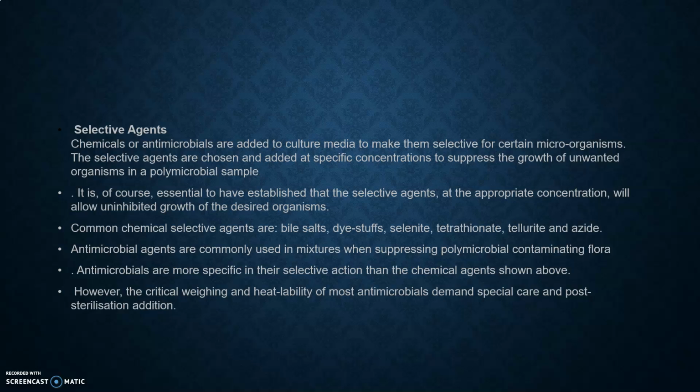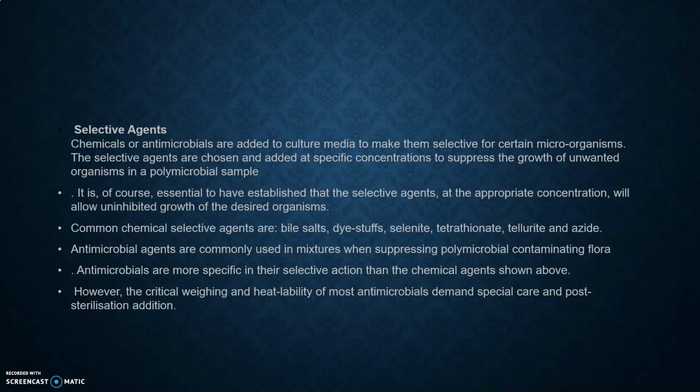Next is the addition of selective agents in the culture media. What do you mean by selective agents? The chemicals or antimicrobials are added to the culture media to make them selective for certain microorganisms.